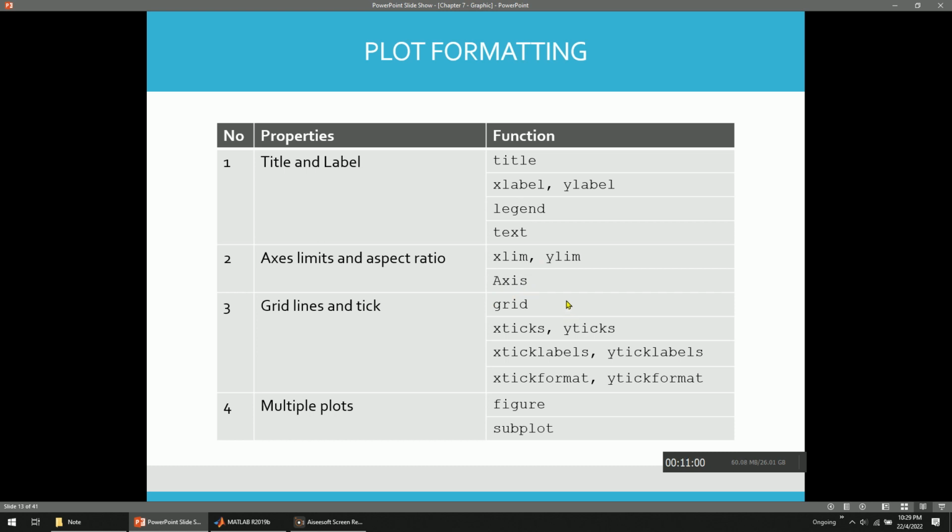Then you can add a grid, you just write grid on. All of this I will show you later. And if you have multiple plots, you can just write figure if you want to create another figure, or use subplot to create a subfigure. Also, I will show you later.